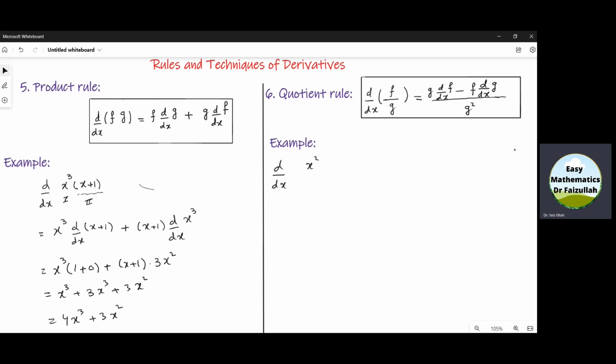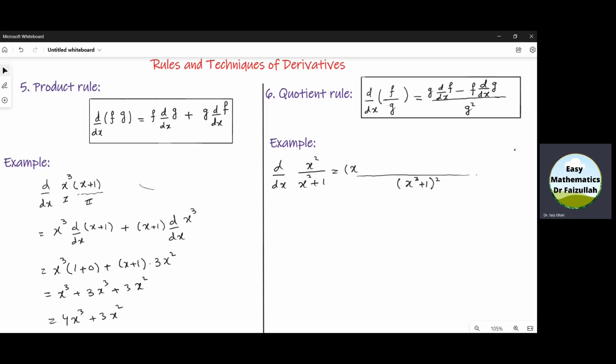In this example, we have to differentiate x square divided by x cube plus 1. Now here f is x square and g is x cube plus 1. So according to the quotient rule, we shall square the function which is in the denominator, x cube plus 1. So let us take it square.